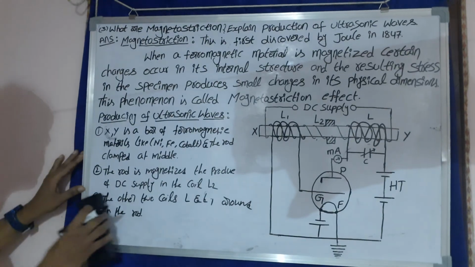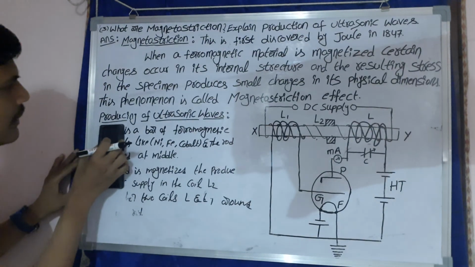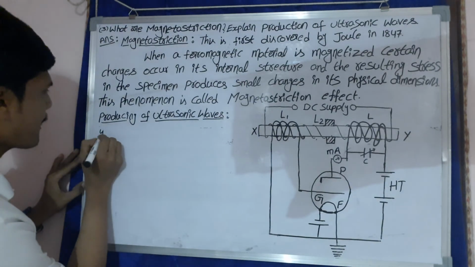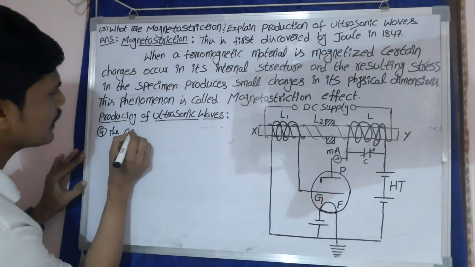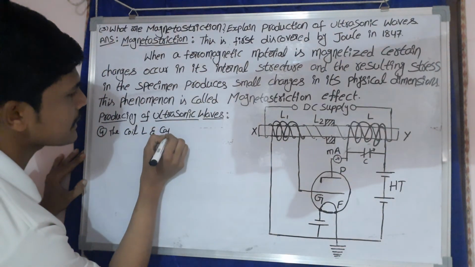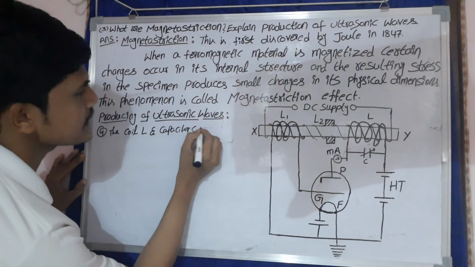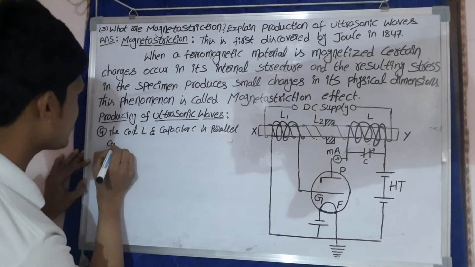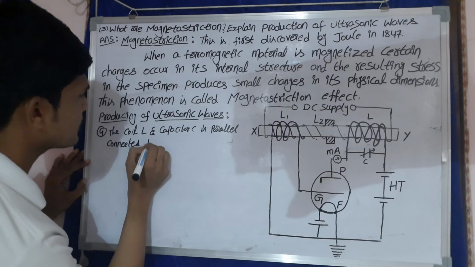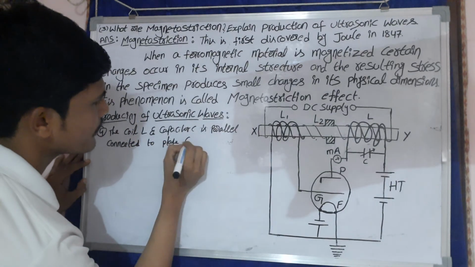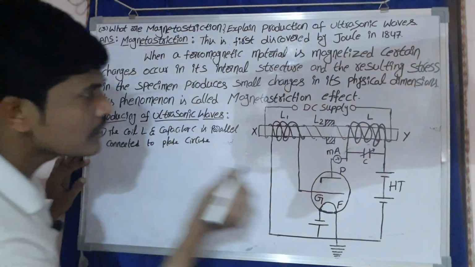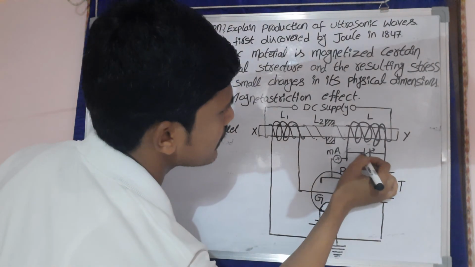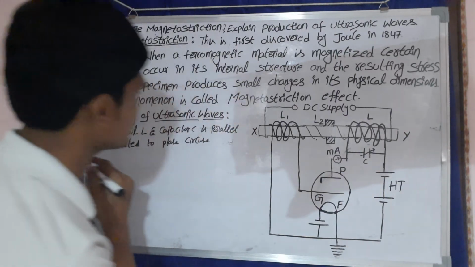Next, the coil L and capacitor C are connected in parallel in the plate circuit.